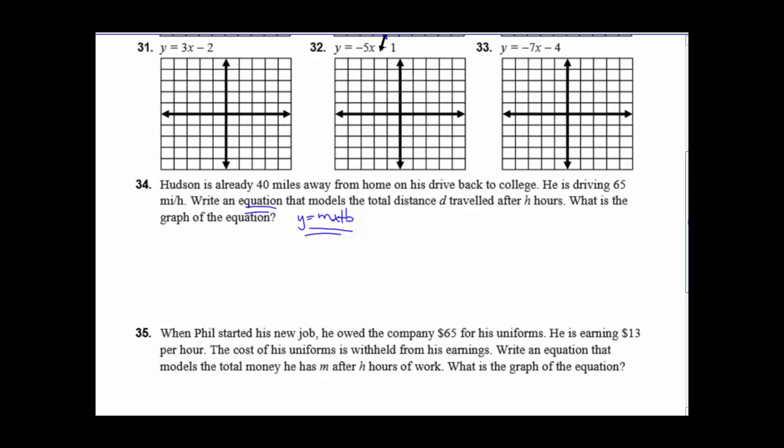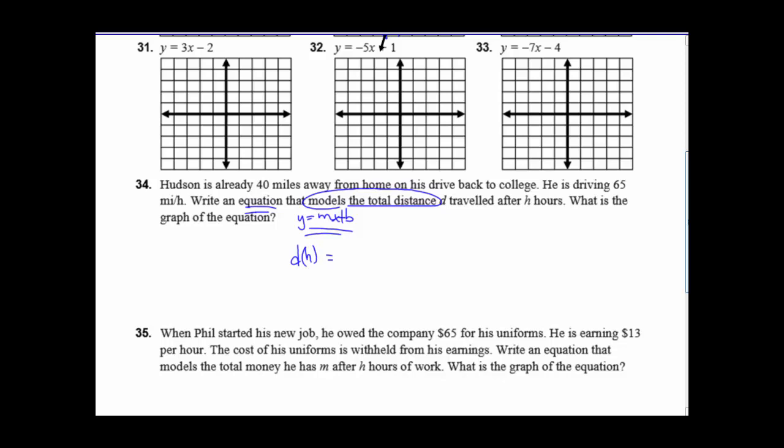We're modeling, here's the key, total distance. So where we have y equals mx plus b, instead of y, we're going to say total distance traveled based off of so many hours. So our distance traveled is a function of the h hours. Our d is just like our y based off of hours.